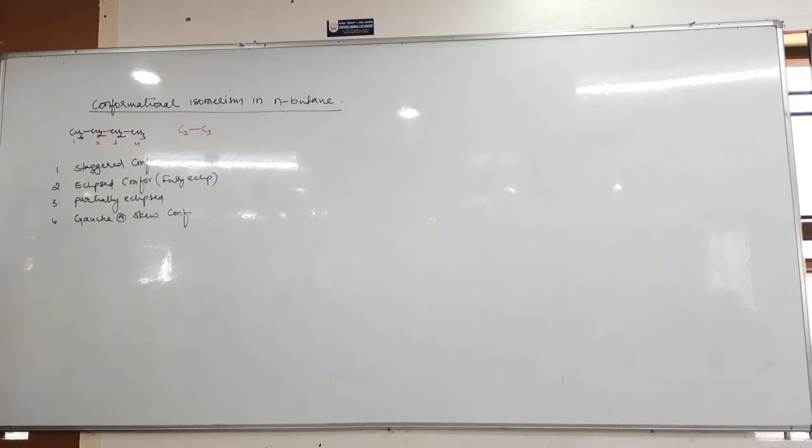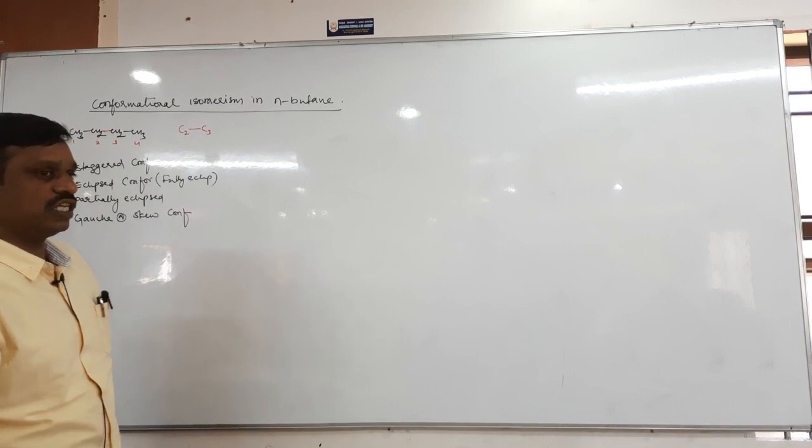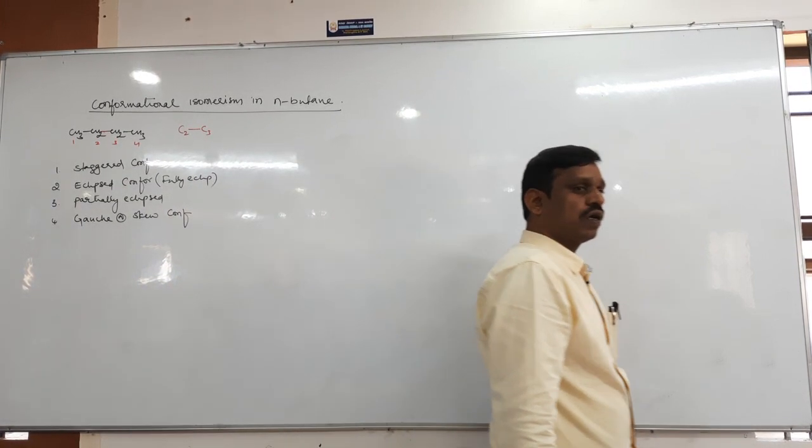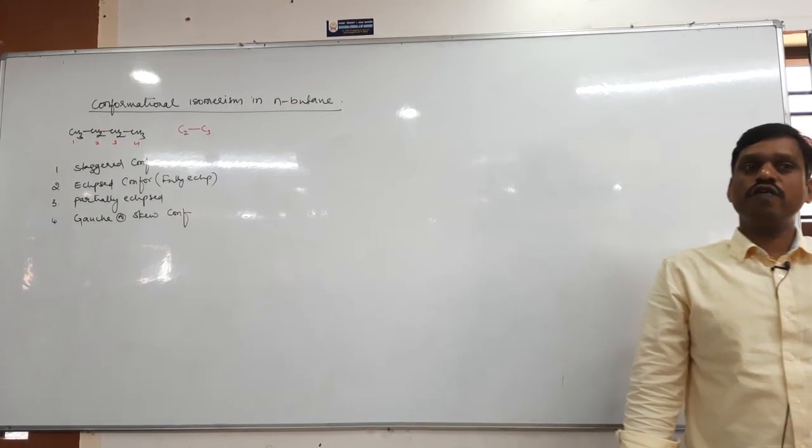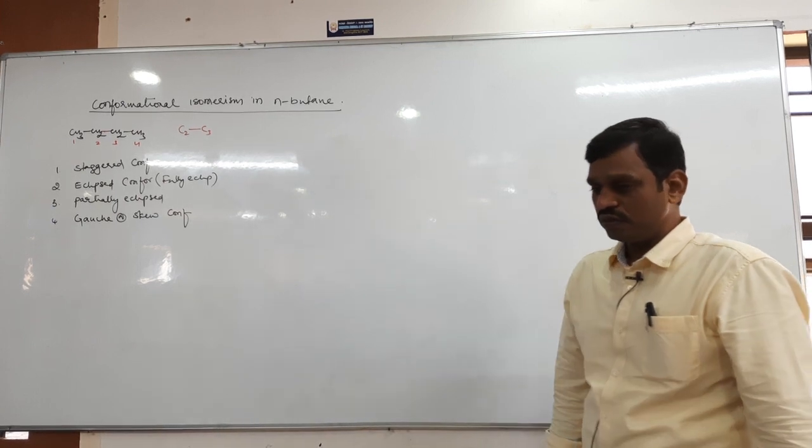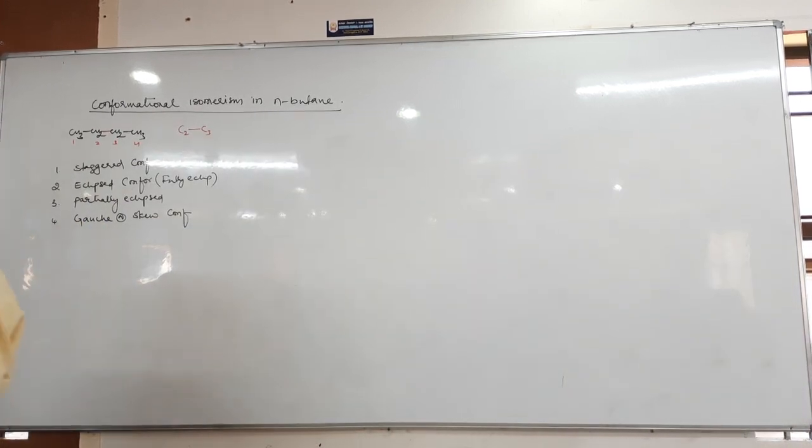In n-butane, by rotating the molecule through the C2, C3 carbon, it forms an infinite number of conformational isomers, out of which how many are important? 4 are important. 1, staggered conformation. 2, eclipsed or fully eclipsed. 3, partially eclipsed. 4, gauche or skew conformation.